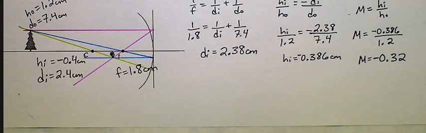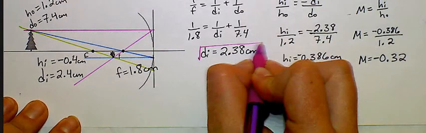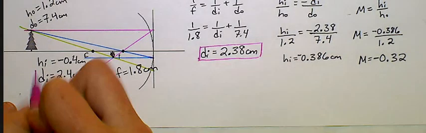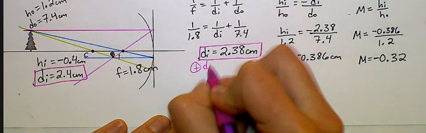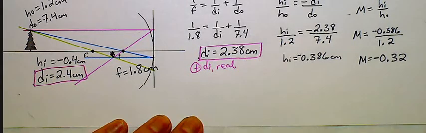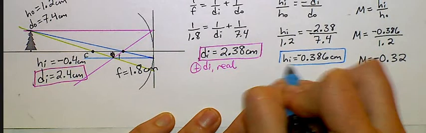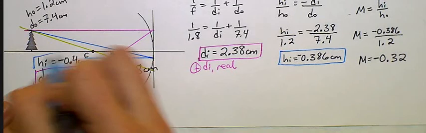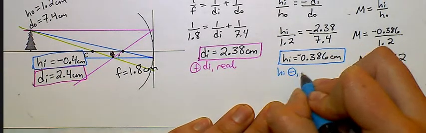All right, this looks great. DI here, and this is what I measured it, so those are nice and close. Because it's a positive DI, this is real. The HI, here and here, also very close. Because the HI is negative, that means it's inverted.